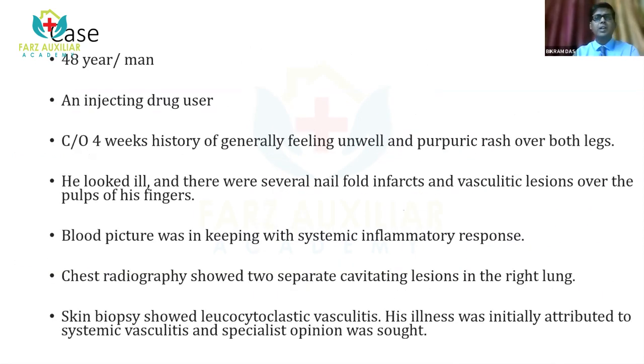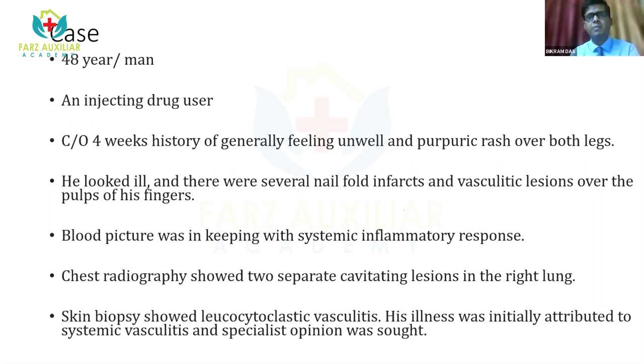So coming to the next case, a 48-year-old man, an injecting drug user, presented to us with a 4 weeks history of feeling unwell and a purpuric rash all over the body. When he came, he was looking very ill, and he had several nail-fold infarcts and a vasculitic-like rash on the palms of his fingers.